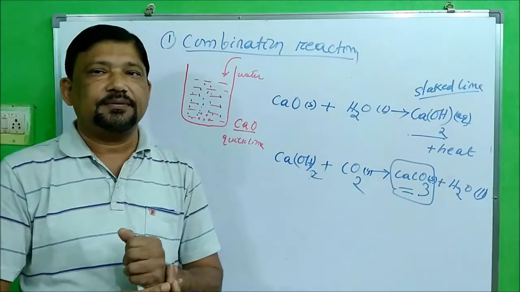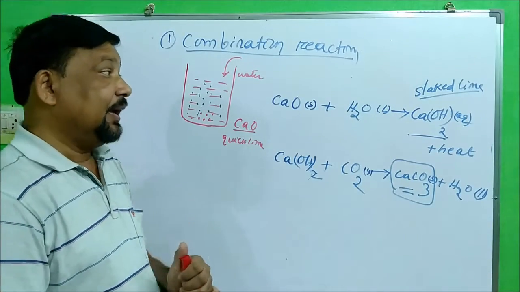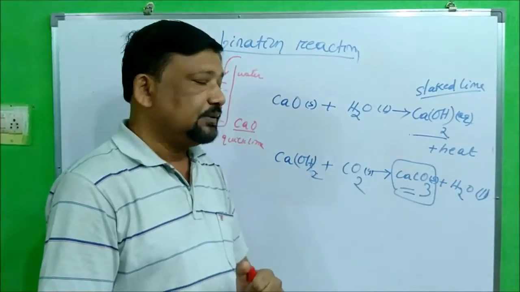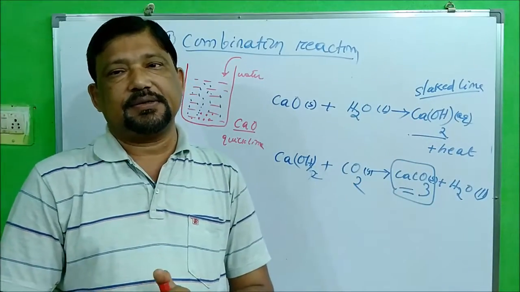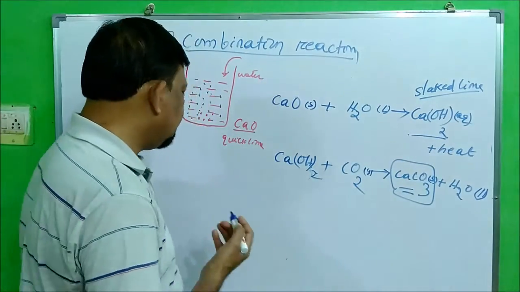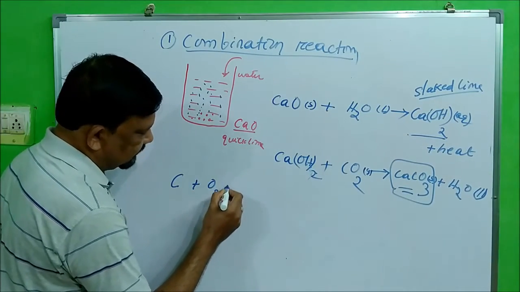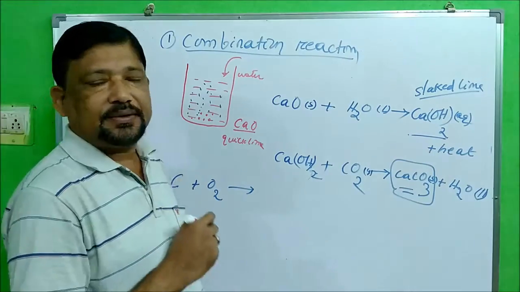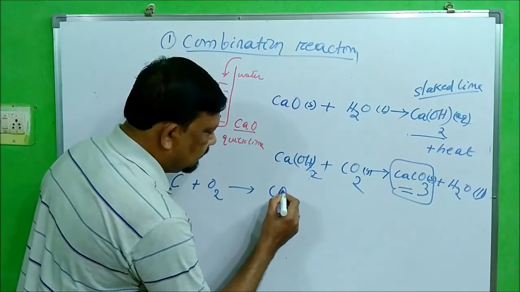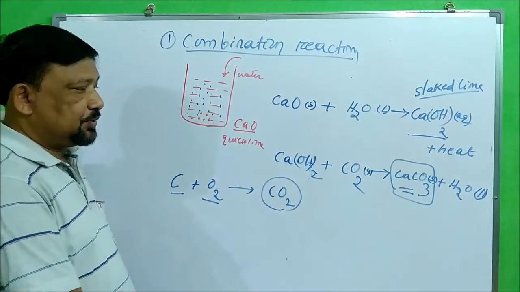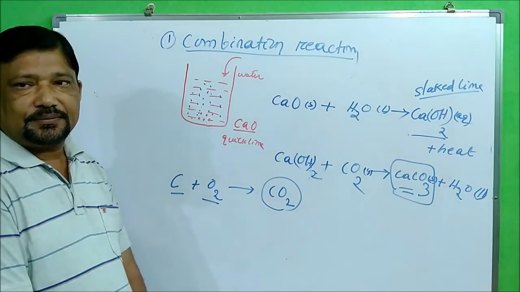This is one example of combination reaction, and is also an example of exothermic reactions. Take one more example. When charcoal burns in presence of oxygen, you burn coal at home, that gives you carbon dioxide. It is also a combination reaction.